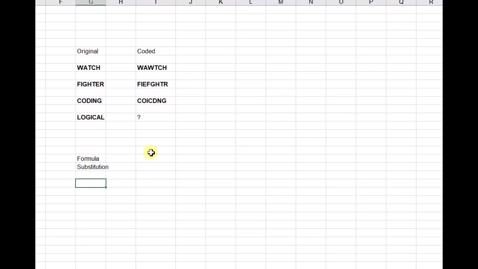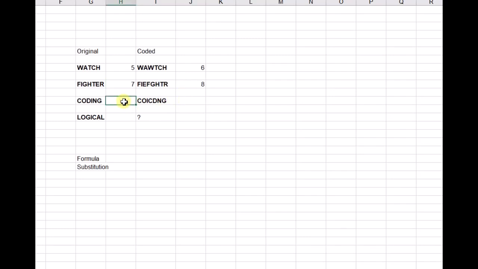So now how to start? Just note down the number of characters involved in the original and coded words. That should be your first observation. Here, this contains 5 characters and this contains 6. Similarly, this contains 7 characters and this contains 8.